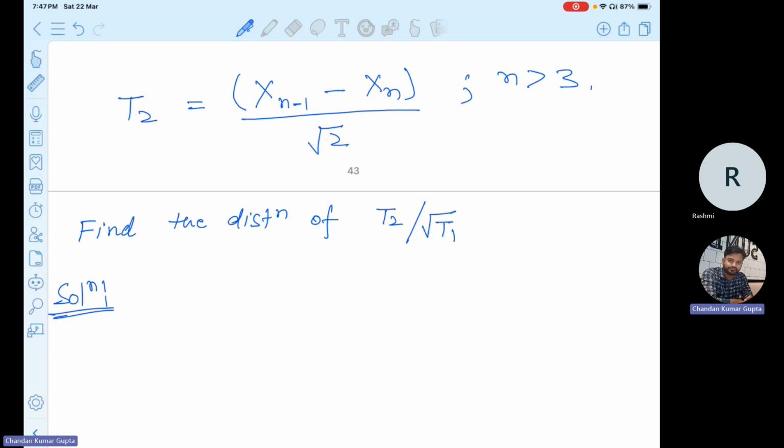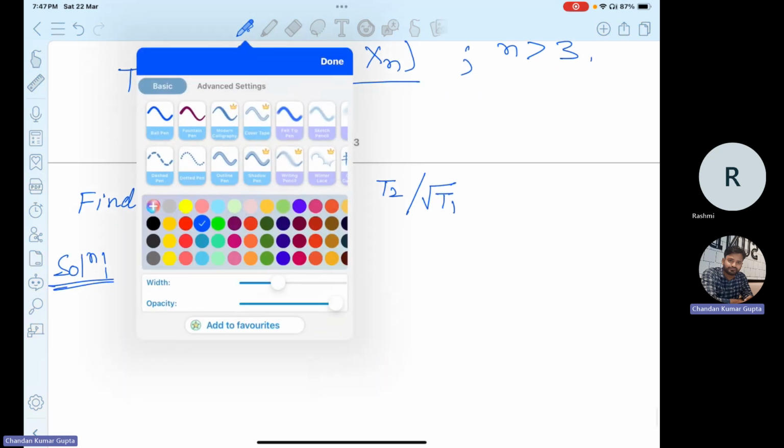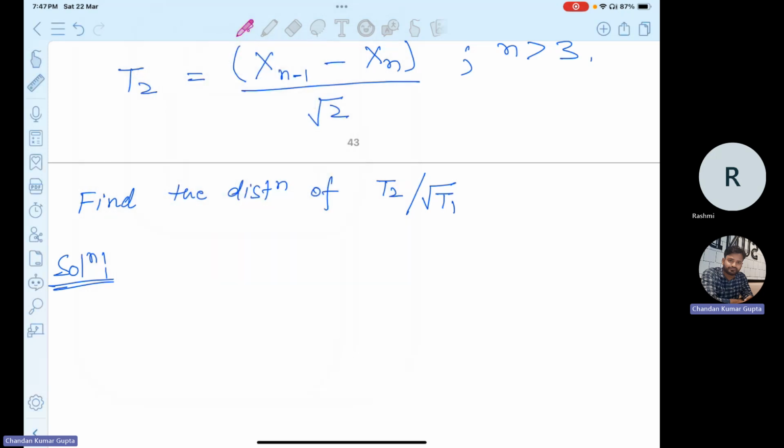Here it is given that T1 is 1 upon n minus 3 times the summation from i equal to 1 to n minus 2 of (xi minus x n minus 2 bar) whole square.